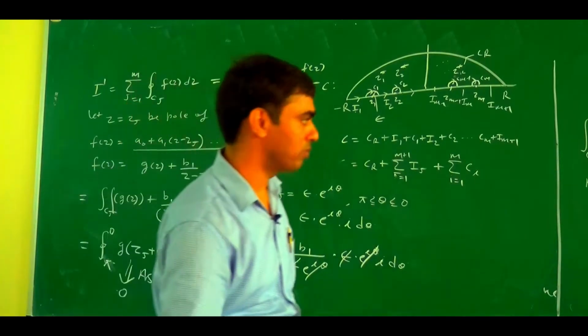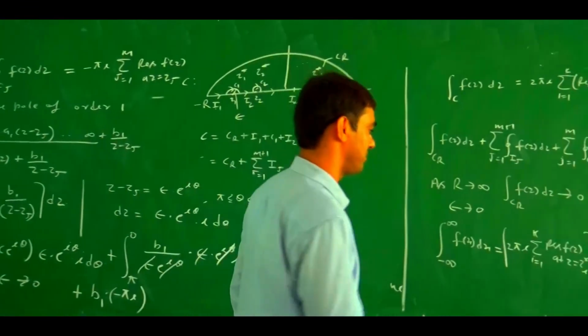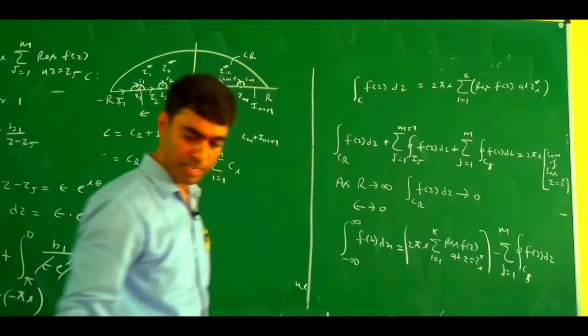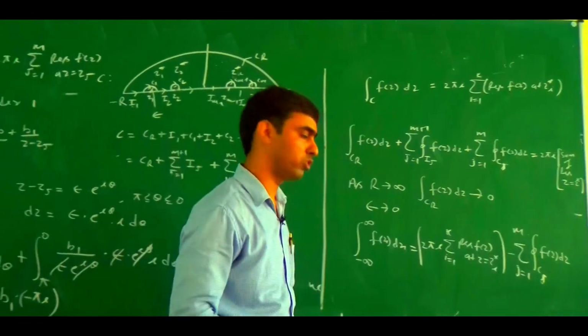So here we put the value for this one. What is the value of integration? Here we put the value of I dash. If you put the value of I dash, this one is with negative sign, so with the negative sign, this becomes a positive sign.